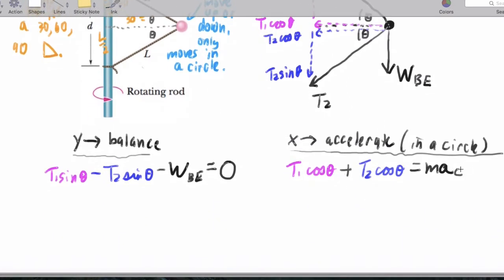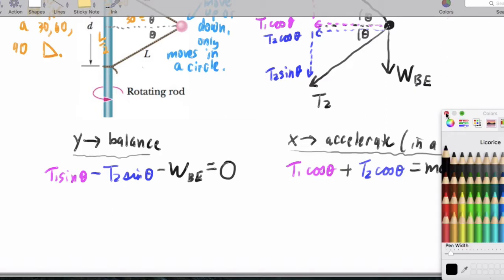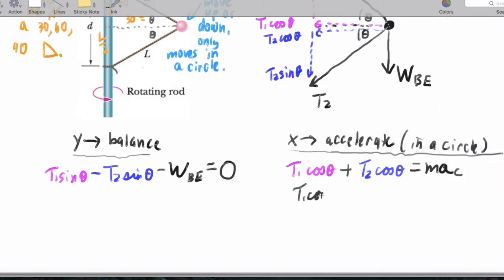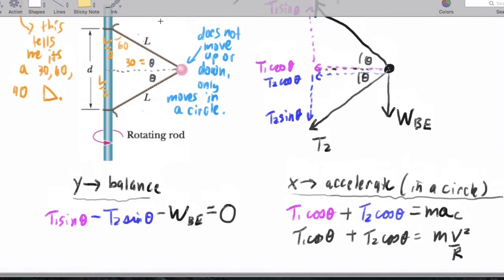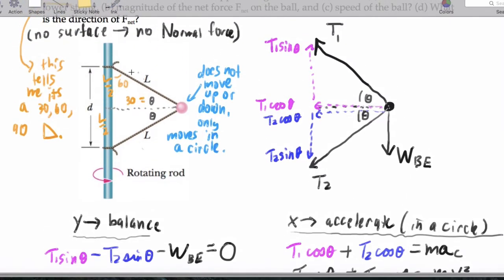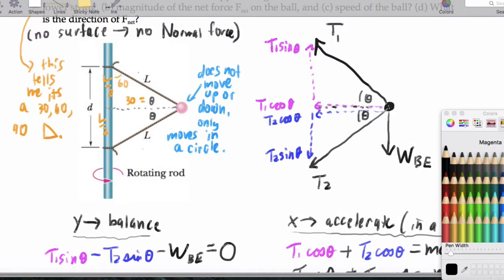But this is circular acceleration, so I'm actually going to go one line further here and write this as T1 cos theta plus T2 cos theta equals mv squared divided by r. Okay, and let's be clear here. The radius here, I'm just going to draw it in a different color. I'm just going to be clear here. This thing here is the radius.